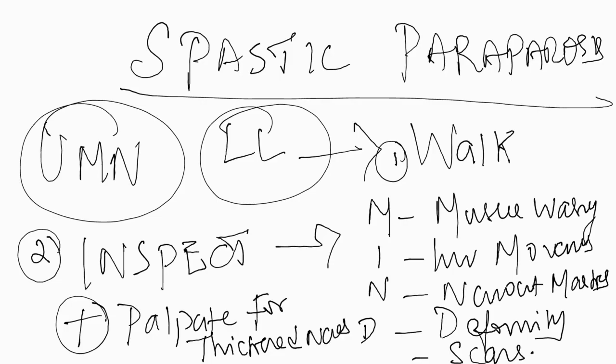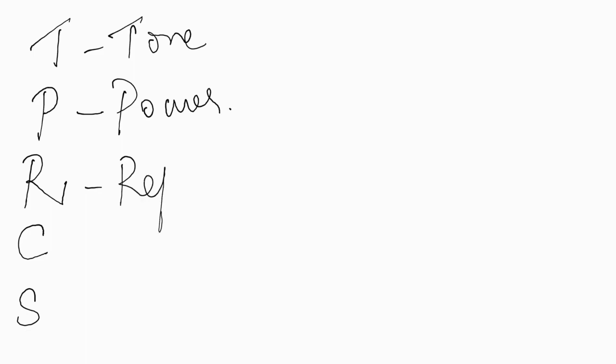Once you have done all these things, the next thing we remember is something called TPRCS. Check the tone, which will be increased in spasticity. Check the power, which will be diminished. Check the reflexes, which will be exaggerated.